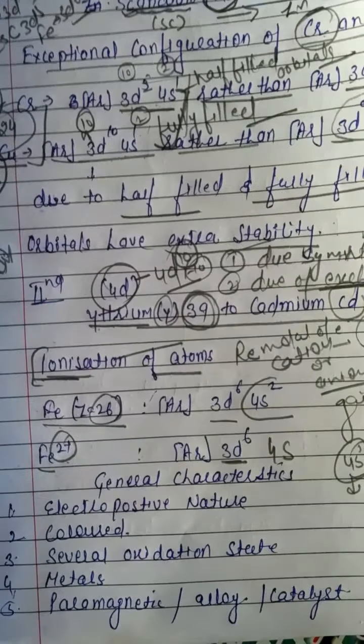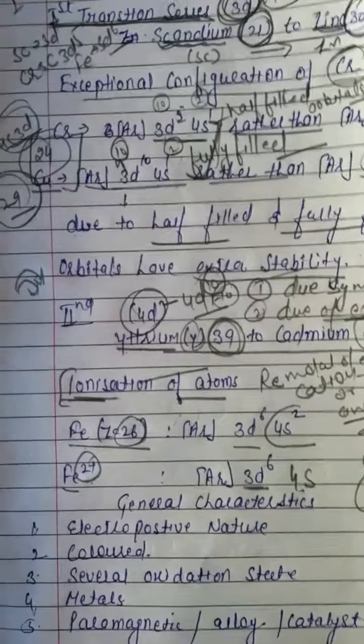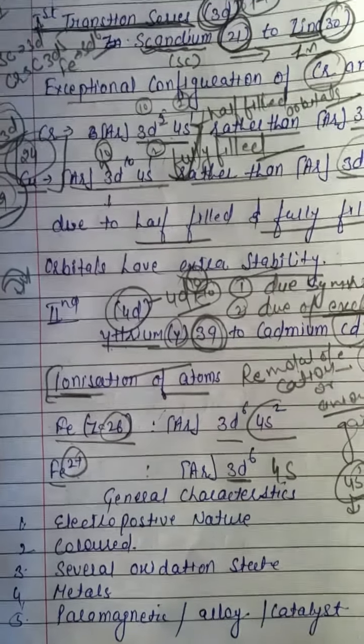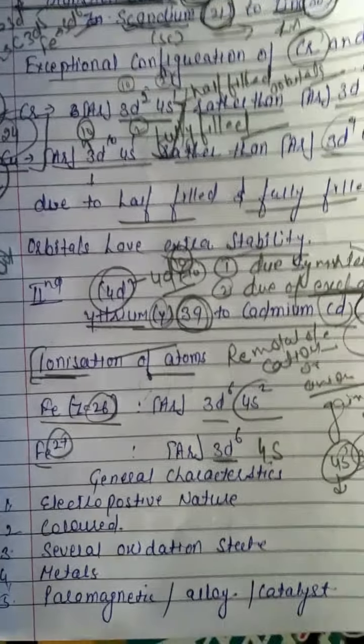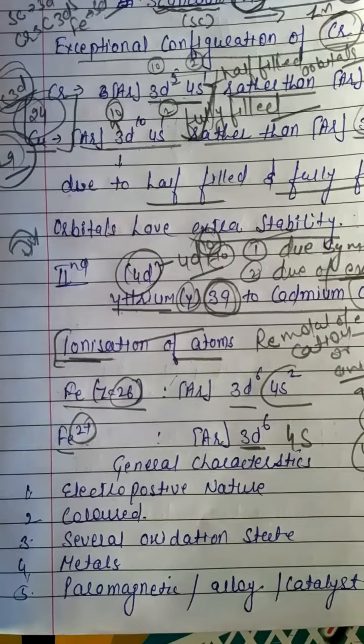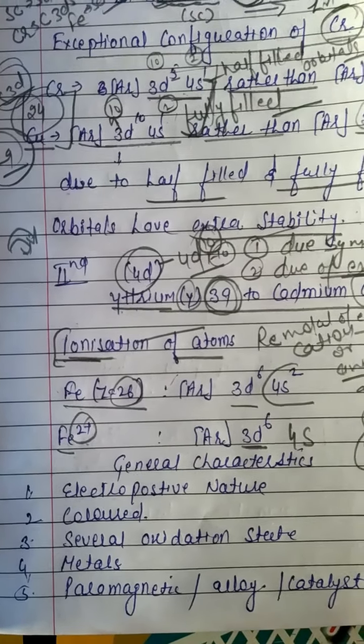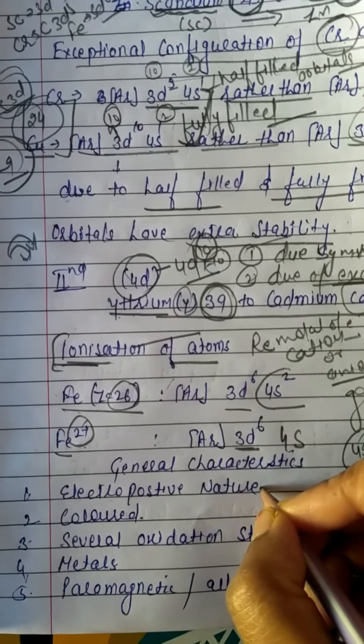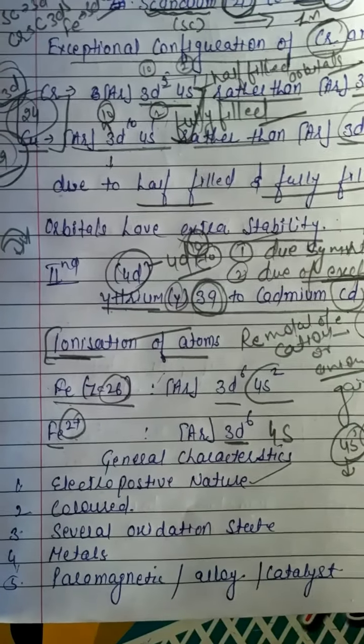Next, there are a few general characteristics of d block elements, but the most important ones we have discussed now. The first important general characteristic is that they are electropositive in nature.